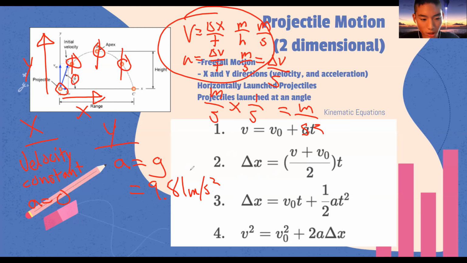So in the y direction, we have our acceleration due to gravity, and that acceleration is the gravitational field strength of the Earth, and that's 9.81 meters per second squared. You should know this number and memorize it to help you in the future in physics.